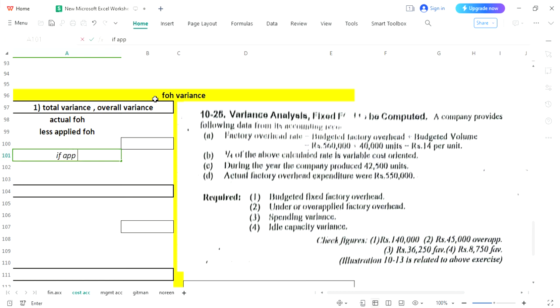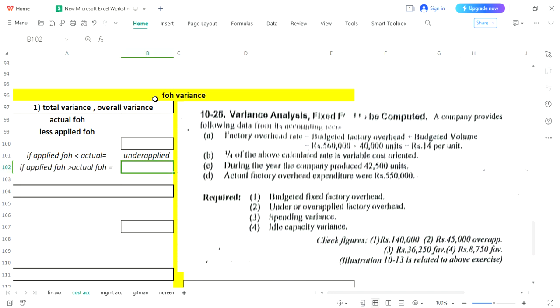If applied FH is less than actual FH, it means it is under applied. And the second conclusion is, if applied FH is more than your actual FH, you will call it over applied FH.